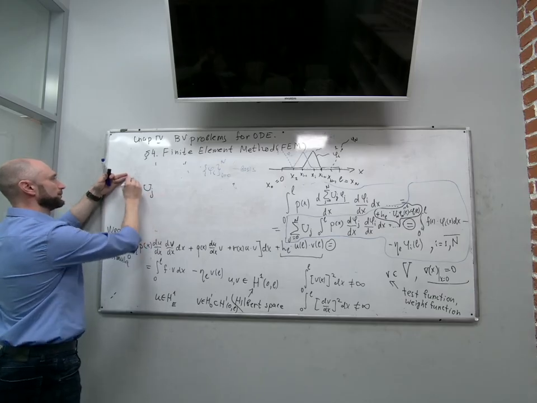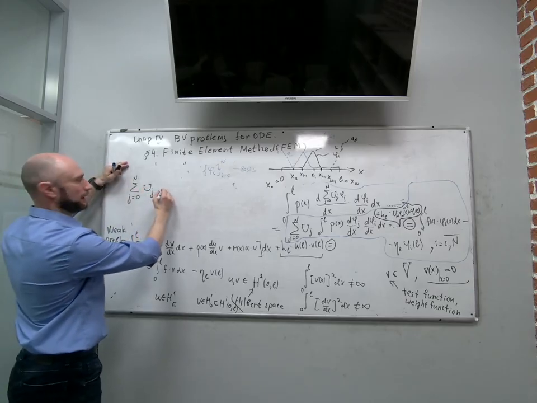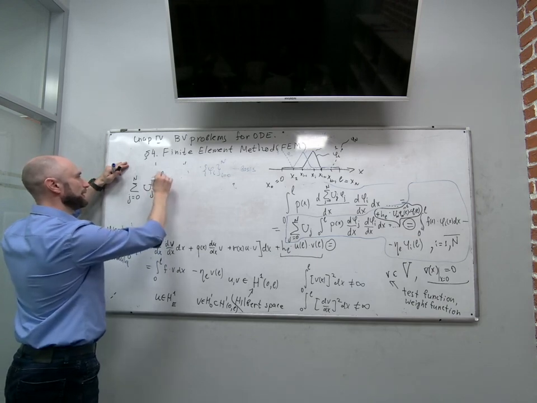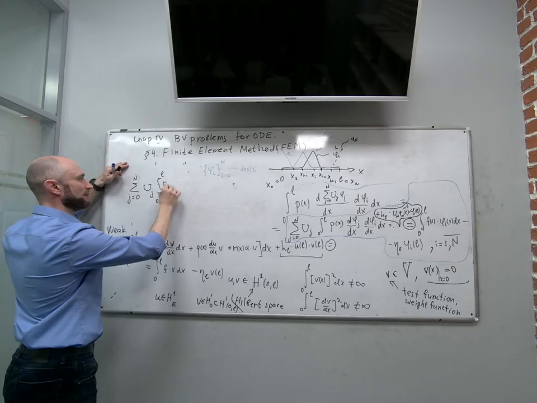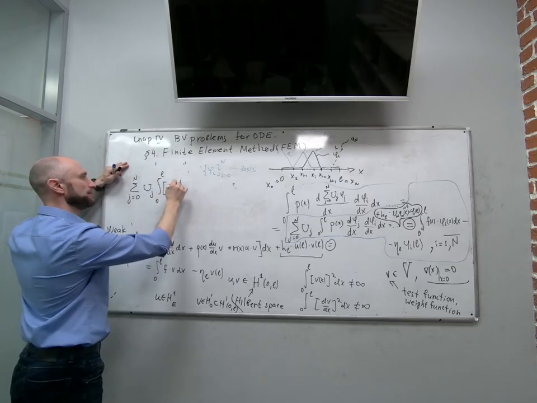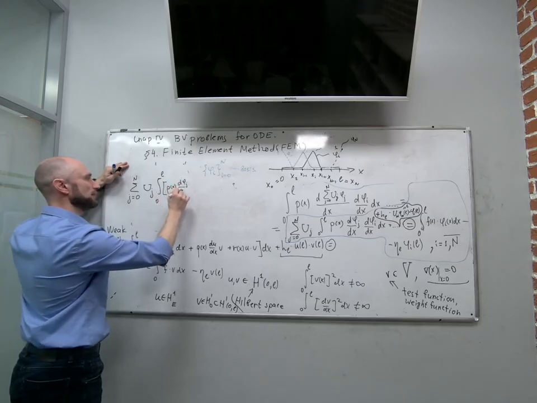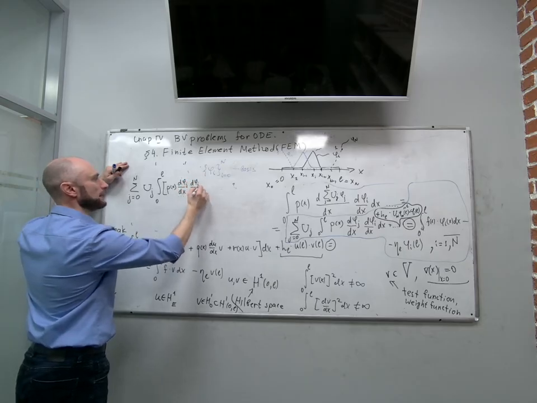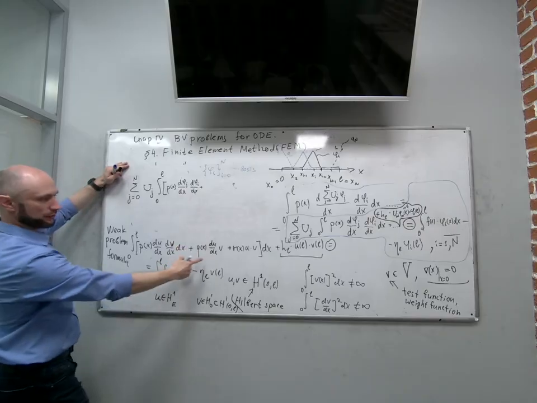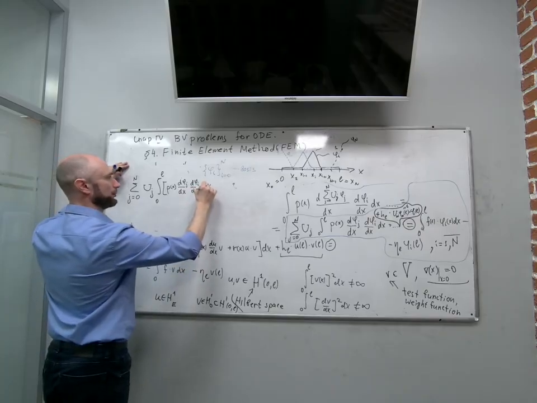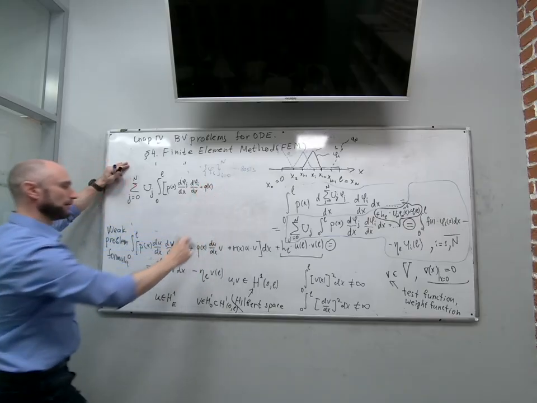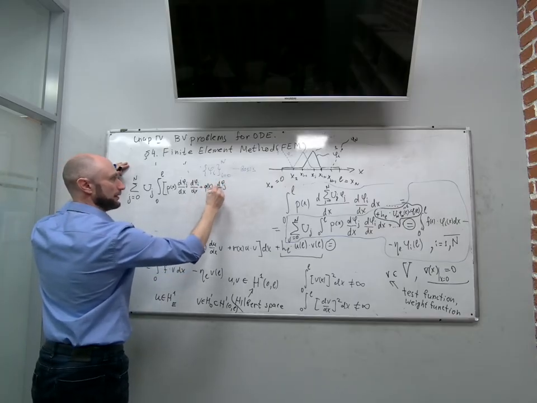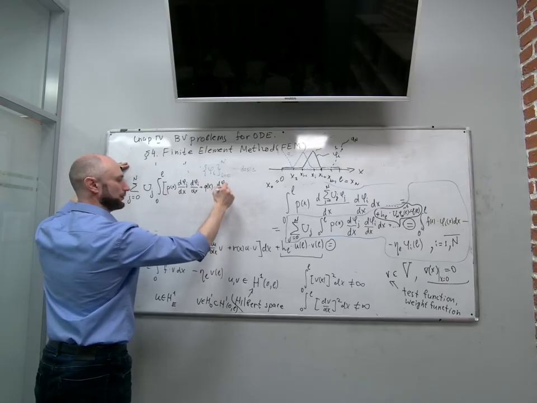Sum over j from 0 to n. This integral from 0 to L, where we have p of x, d phi j dx, d phi I dx, plus, and I will use all the other terms so that the formula is complete, d phi j, right? Do you follow this?